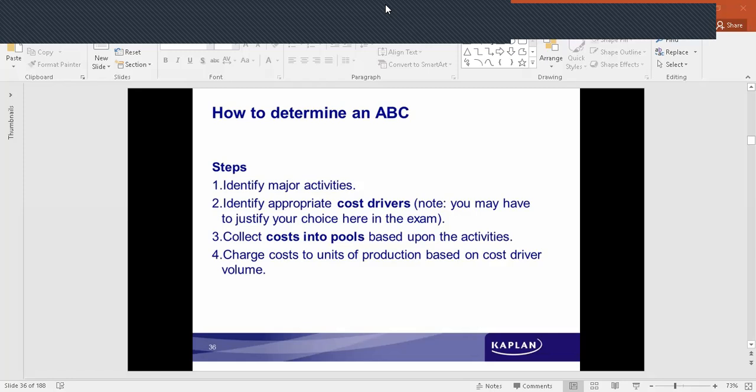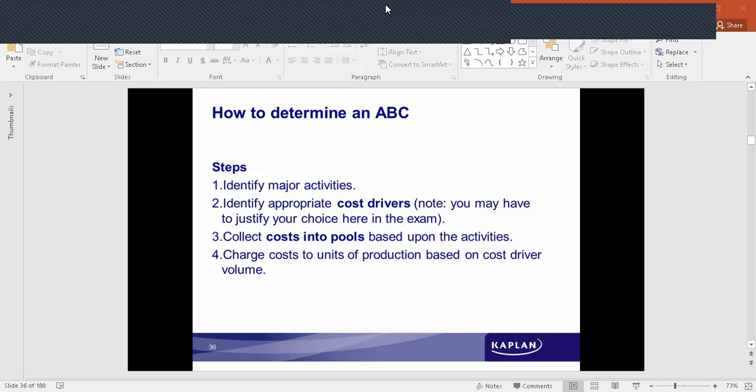Let's say repairs, the number of repairs that were required to produce each product will become the basis of apportionment. So identify a suitable cost driver. It should be suitable to the nature of the activity for which the overheads are incurred. Cost driver, in the sense of basis of apportionment, would be used to divide and distribute the overhead cost.